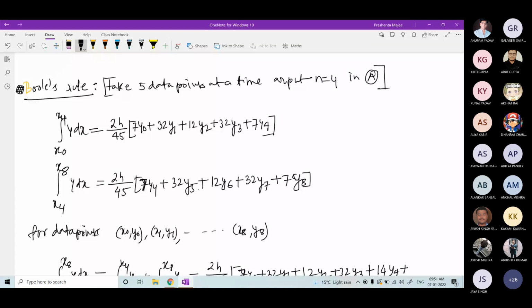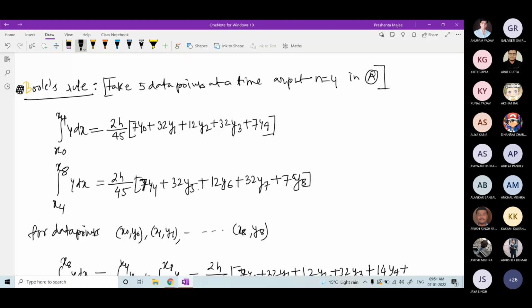The formula was created using 5 data points at a time. For 5 data points, polynomials of what degree are unique? If there are 5, 4. So you will get a unique result up to 4th degree polynomial. If we integrate any 4th degree polynomial, the definite integral will be the same as whatever you get using Boole's rule.